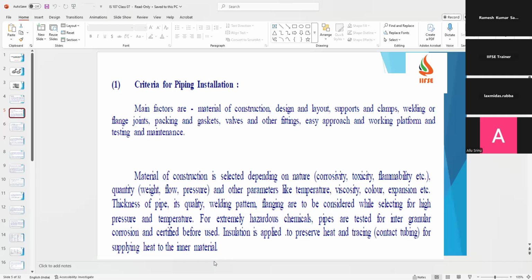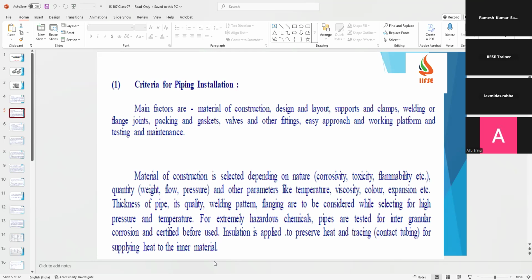For extremely hazardous chemicals, the pipes are tested for intergranular corrosion and also certified before use. Insulation is applied to prevent heat, and also tracing contact tubing is used for supplying heat to the inner materials. For highly hazardous chemicals, they will check for intergranular corrosion. Sometimes pitting happens between the layers of the material or the pipe, within the thickness.